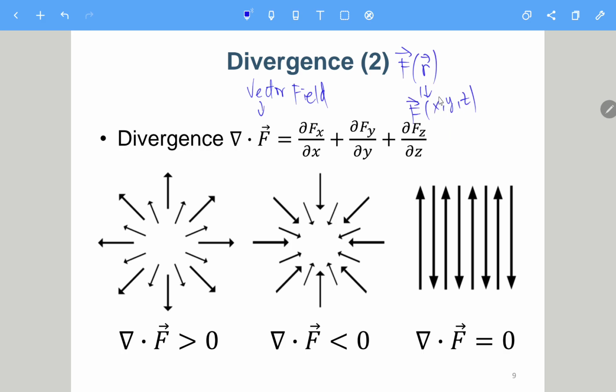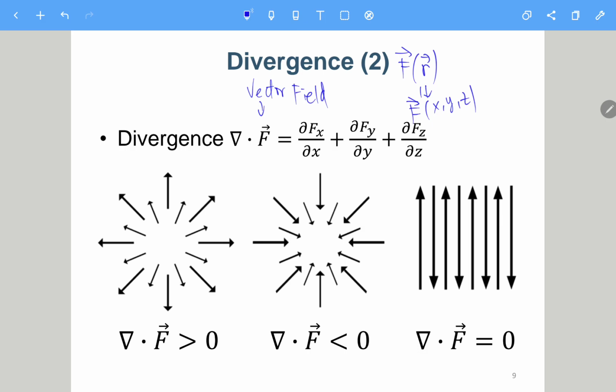Which means that in the whole space, given the coordinate, let's say the origin point 0, 0, 0, if you substitute x to be 0, y to be 0, z to be 0, then you can find this is a vector. At another point, let's say 1, 1, 1, you plug in all these 1s into x, y, z, and you find F to be another value, but it is still a vector. So all the way it is a vector, just like the E field in space.